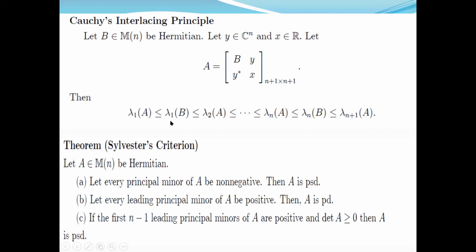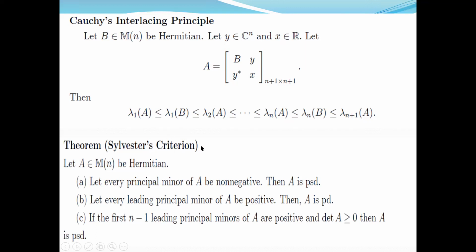Clear this Cauchy interlacing principle? If eigenvalues of B are arranged in ascending order, then the smallest eigenvalue of A is less than or equal to lambda 1(B) and so on, and the largest is greater than or equal to lambda n(B). And in this way, the eigenvalues of A are placed in between.